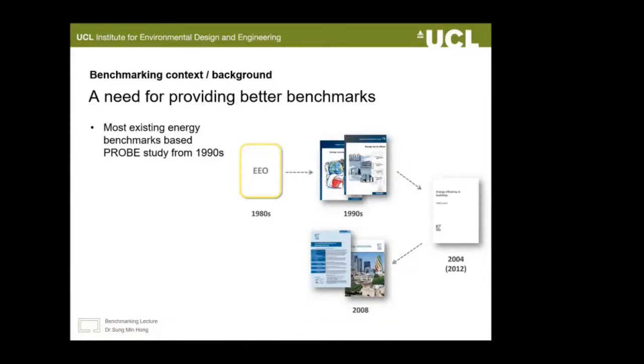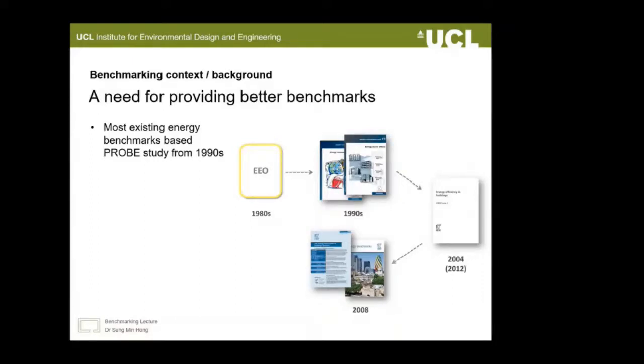There have been many benchmarks provided by different organizations and through various publications, starting with the ones called Yellow Books, which were published in the 1980s, followed by numerous documents published based on work by Bill Bordass and others through the PROBE studies, for example, in the 1990s and early 2000s.